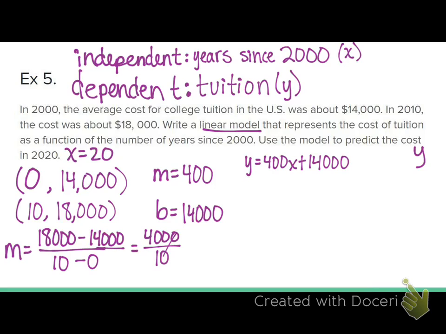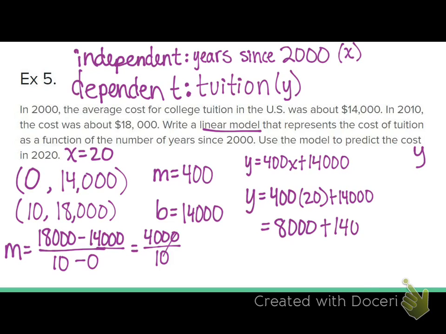So that means we have to plug what in for X? The 20. Okay, so 400 times 20 is 8,000. Take the 4 times the 2, add all your zeros on there. 1, 2, 3 zeros.